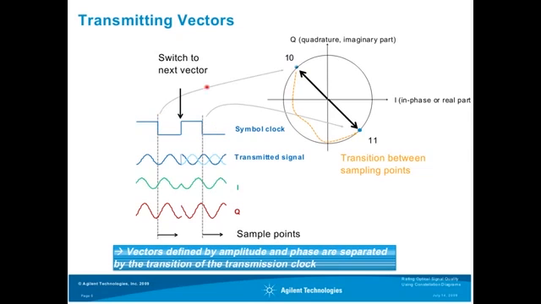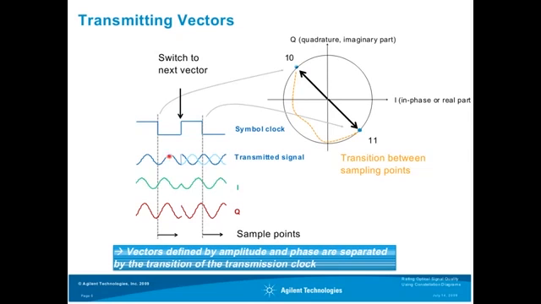For example, in this case, the falling edge of the symbol clock represents this point in the polar diagram or in the constellation diagram. At the next falling edge of the clock, the vector must have this position, namely the same amplitude as we can see here, but a different phase. In this case, just an opposite phase of 180 degrees.